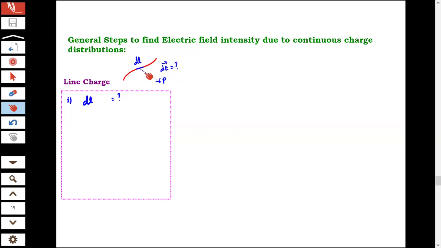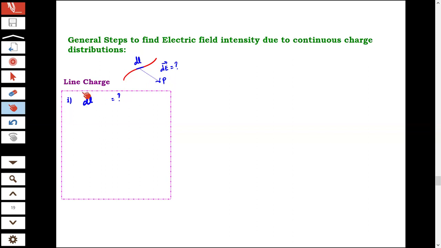And we will evaluate the electric field intensity by summing up over the smallest length elements throughout the line charge. That is, the integration of the small dE throughout the length at this point P will give the total electric field intensity contributed by the entire line of charge.